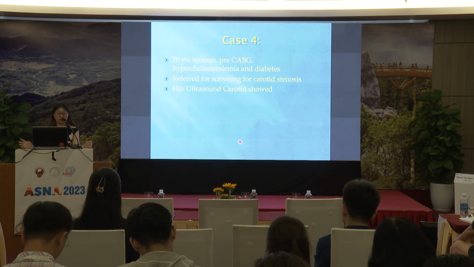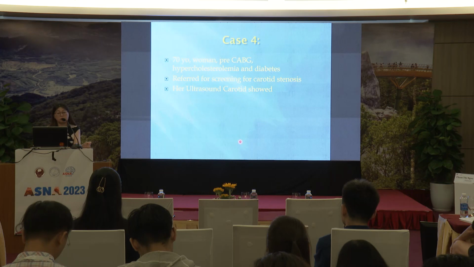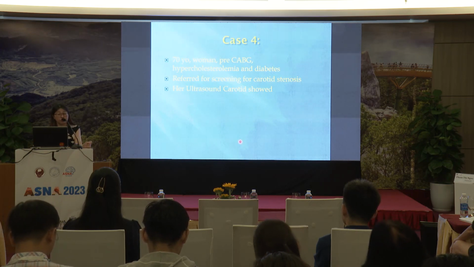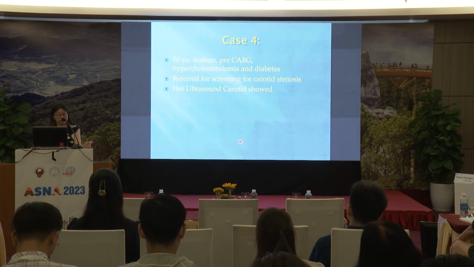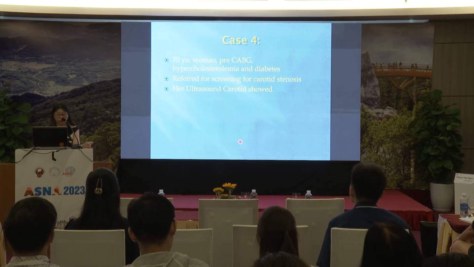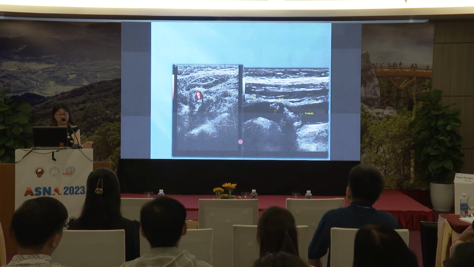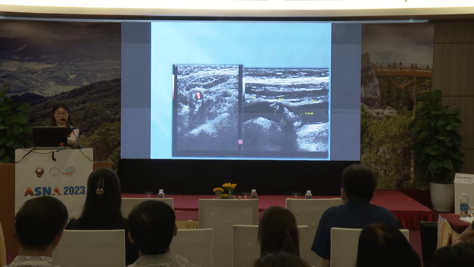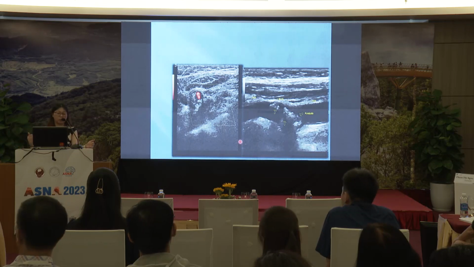Okay. So case number 4, a 70-year-old woman, pre-CABG, who also developed hypercholesterolemia and diabetes. This patient was referred for screening of carotid stenosis, and the carotid ultrasound showed massive plaques, almost occluded, but luckily this plaque still had some space, and the blood flow was still going through to the brain.